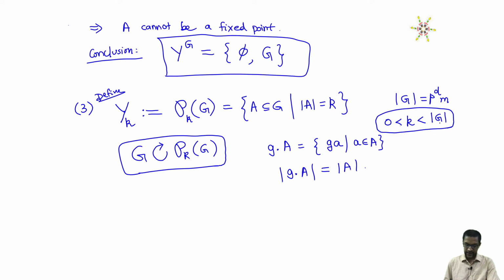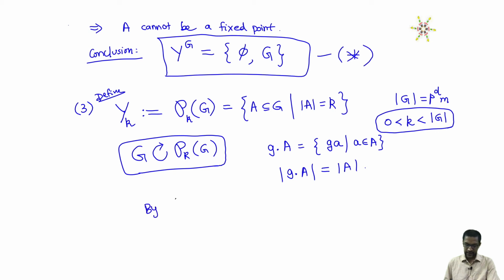And if I took k to be the other end, mod G itself, then the only subset in P_k(G) will be the full set. Okay, now for k strictly between these two bounds, I have P_k(G) consisting of subsets which are non-empty and not the whole set, proper subsets, and we have just seen that none of those can be a fixed point.